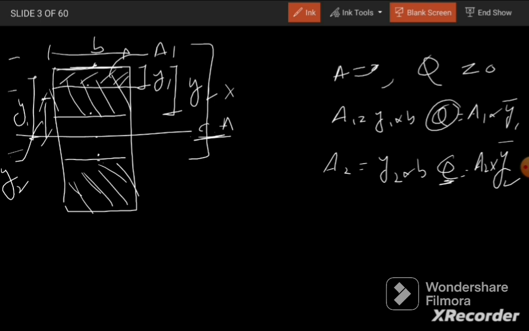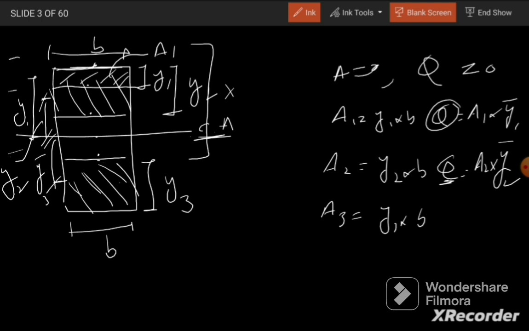So this will be Y, which I call Y3, and this is B, and the distance from the centroid of this shaded region up to the centroidal axis is Y3 bar. So we will have A3 equal to Y3 times B, and Q will be equal to A3 times Y3 bar. In this way we calculate the Q value.